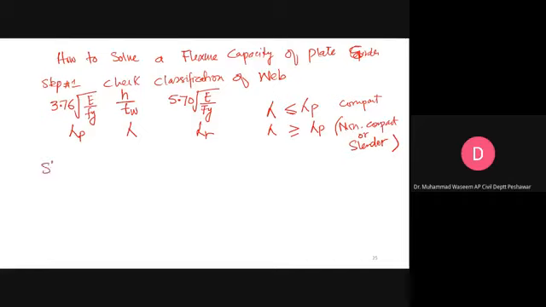Second step is that you have to evaluate the flexure capacity based on tension flange yielding.